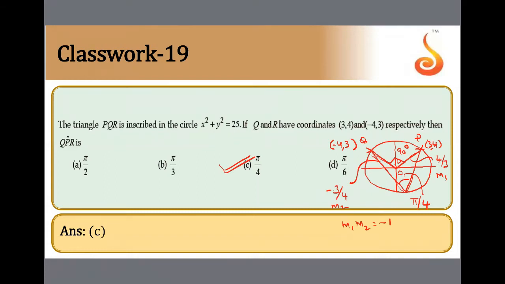Q and R are the coordinates, so I'll take this as P. M1 M2 equal to minus 1 is the condition for perpendicular lines. The angle between them is 90 degrees. Therefore, the angle made at the center is double the angle made on the circumference. This is 90 degrees, therefore this is pi by 4. Got it? Good.